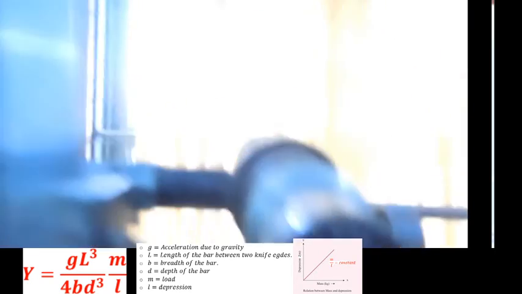So let me place the weight on the hanger. This is a half kilo weight. Now as you can see over here, this pointer has shifted from the crosswire. So what we need to do, we need to move this circular scale.